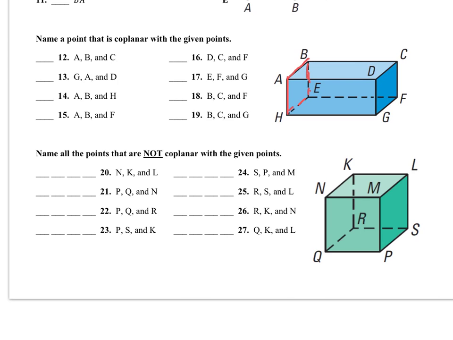A, B, and H are 3 corners of that plane. The other corner, it looks like, is point E. So the answer for 14 is E.